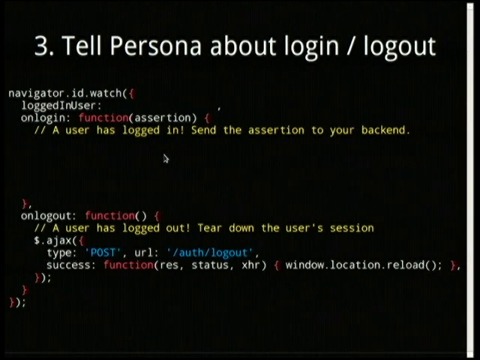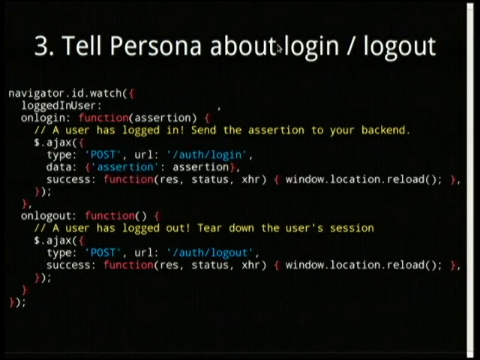For login, what you get is this argument, an assertion. The assertion is what you need to send to your backend for verification to actually make sure who the user is and that they really are who they say they are. Just like when you get a username and password, you pass that to your backend to check against your database. So all I'm going to do here is post it to my backend, just like normal.